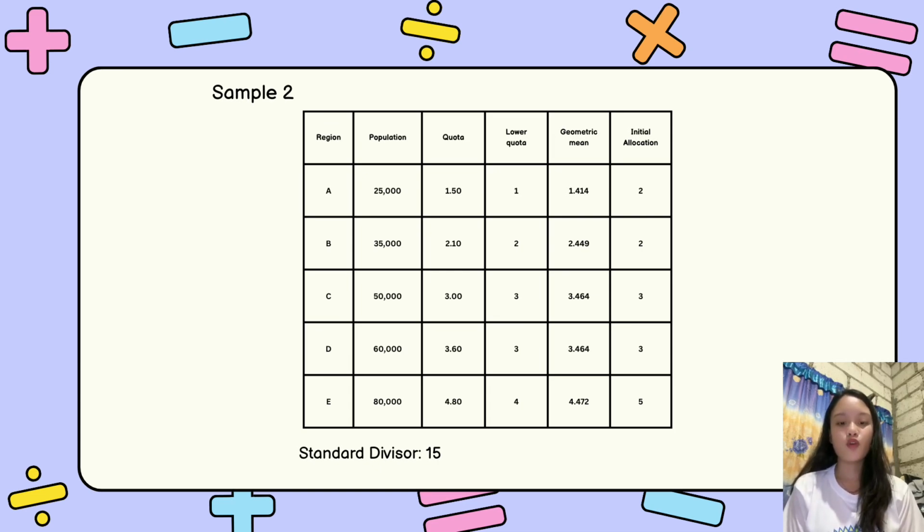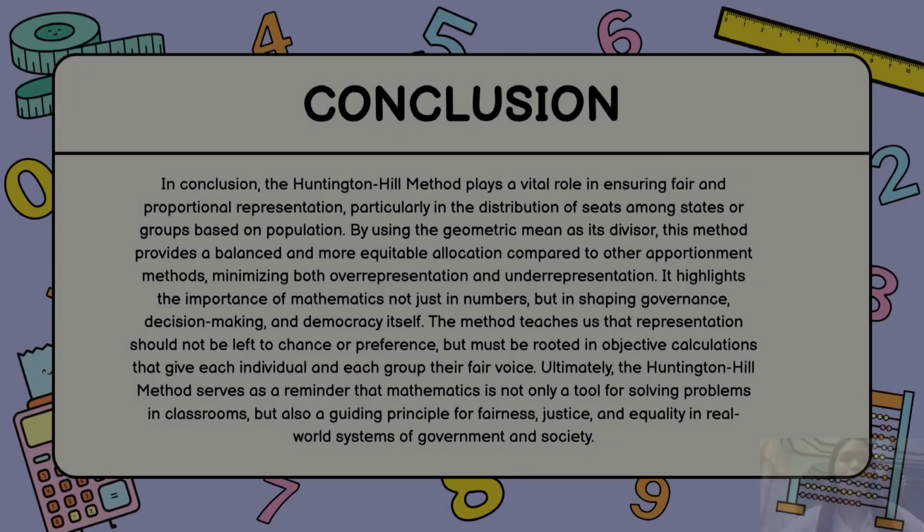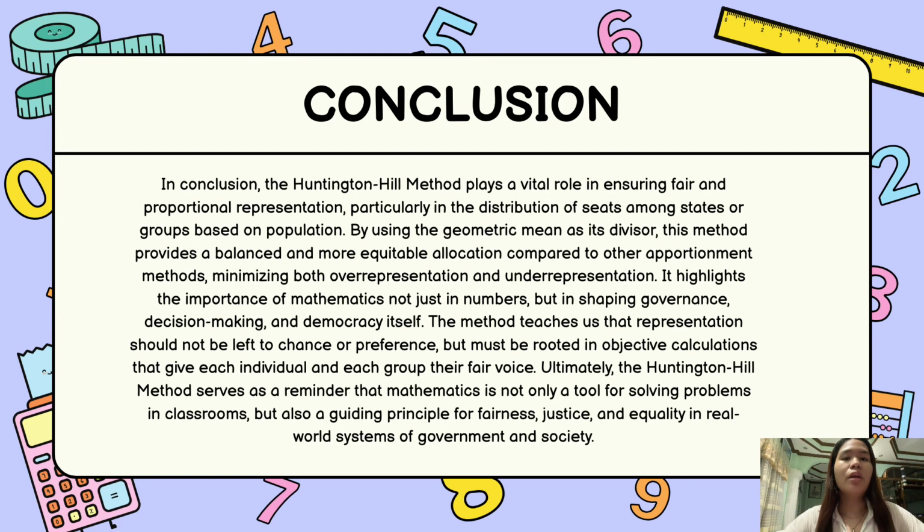So for Region A, 2, Region B, 2, Region C, 3, Region D, 3, Region E, 5. So total of 15.